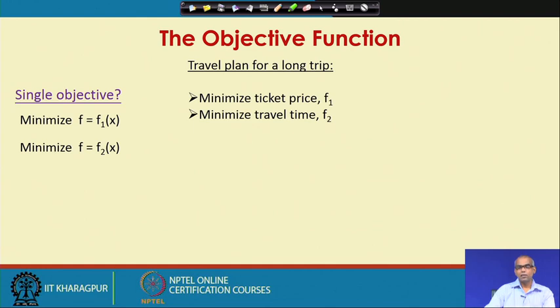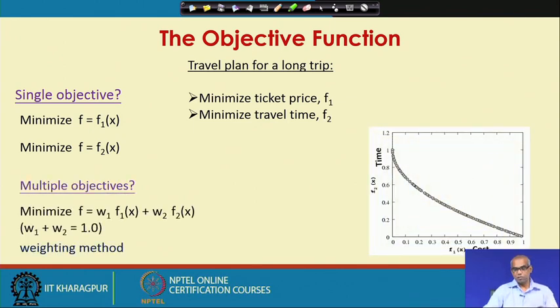But we perhaps will try to minimize both. We will try to minimize travel time as well as we will try to minimize ticket price. But is this possible?